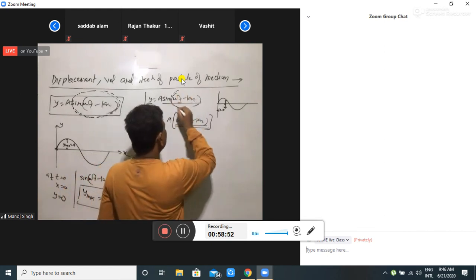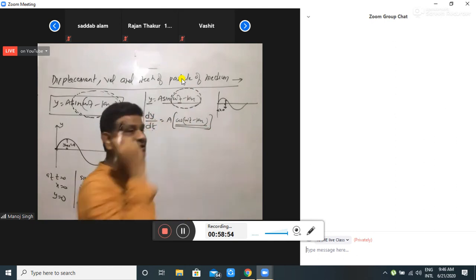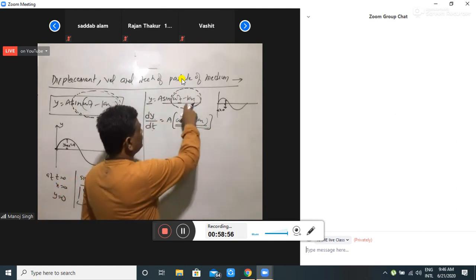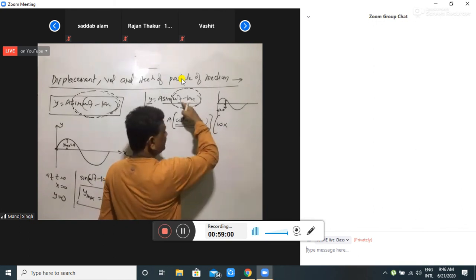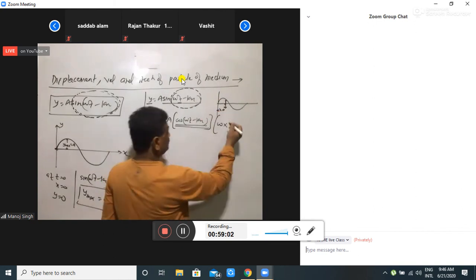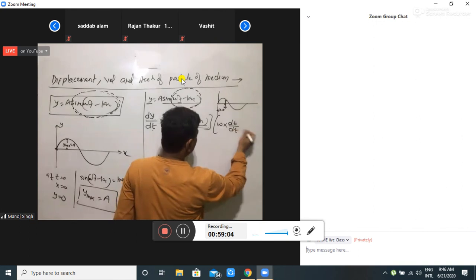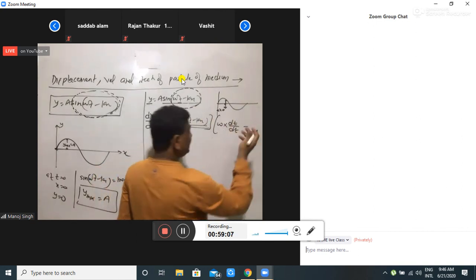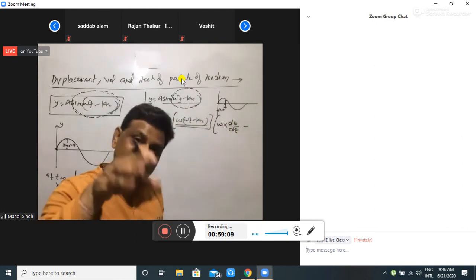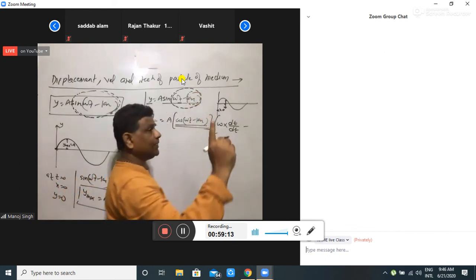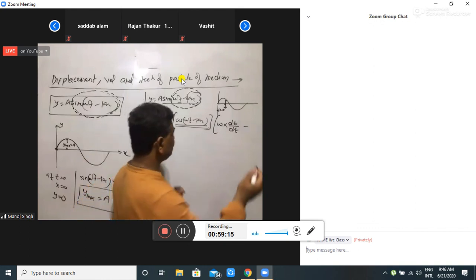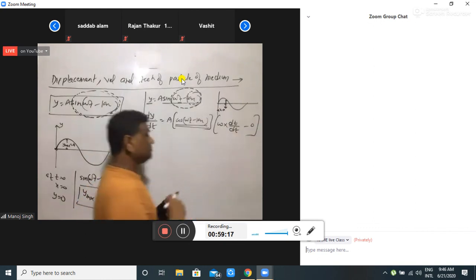The remaining differentiation of omega t minus kx: omega is a constant term, differentiation of t with respect to t is dt by dt, and k and x are constant terms, so the differentiation of kx will be 0. The differentiation of a constant term is 0.